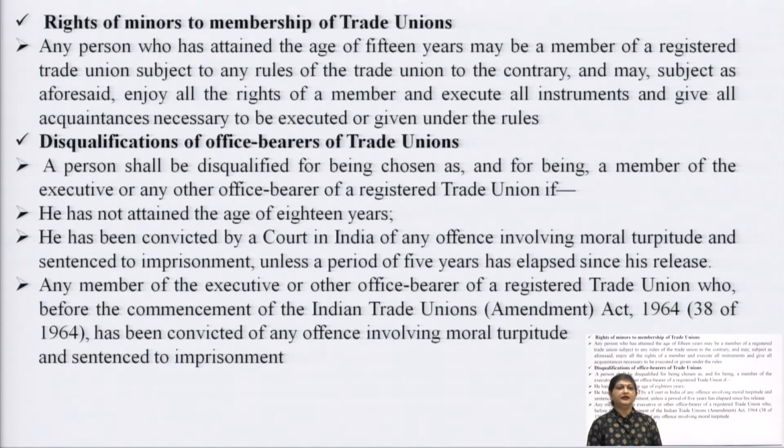Next is, he has been convicted by a court in India of any offence involving moral turpitude and sentenced to imprisonment, unless a period of 5 years has elapsed since his release. Any member of the executive or other office bearer of a registered trade union who, before the commencement of the Indian Trade Unions Act, has been convicted of any offence involving moral turpitude and sentenced to imprisonment.